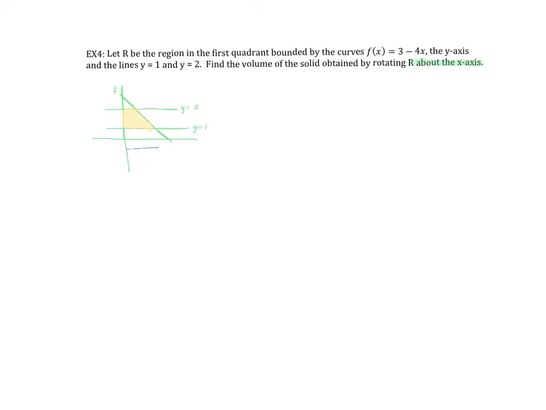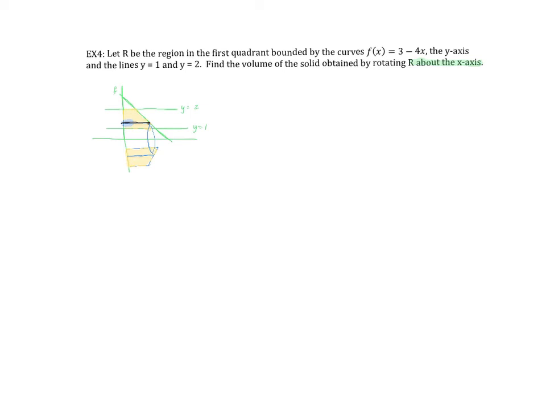Let's see if I can just see what this would look like. Maybe it'll help if I fill this in as well. So if I look at a representative cylinder, it would look something like this. So the height of the cylinder is an x value.